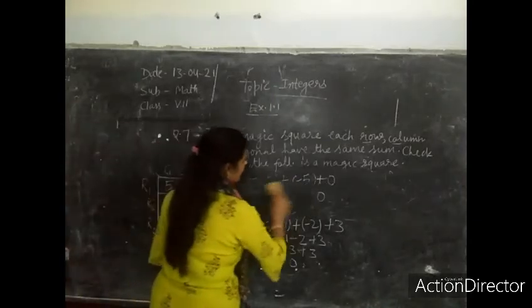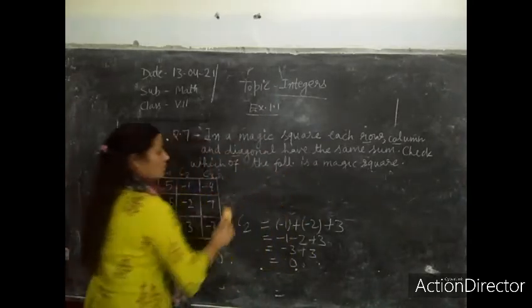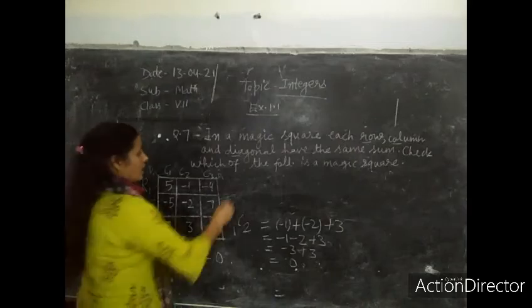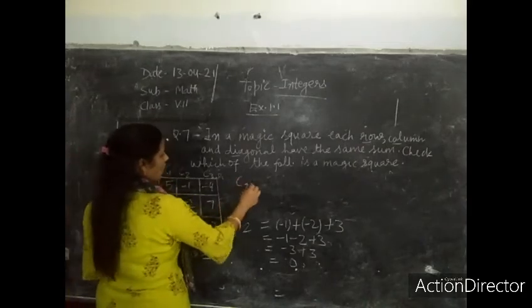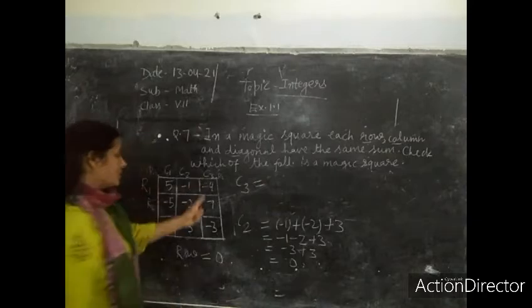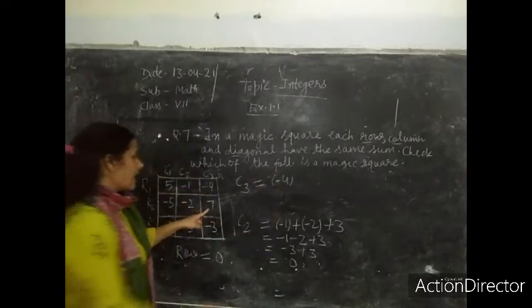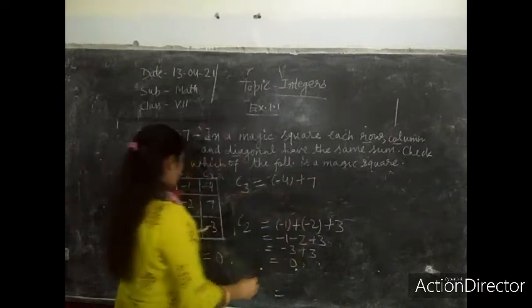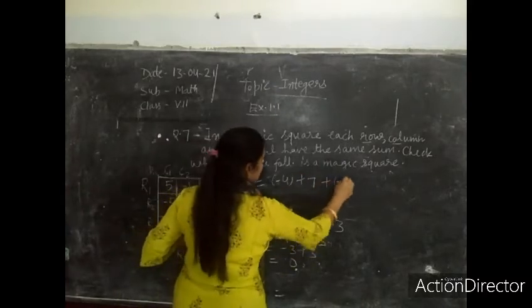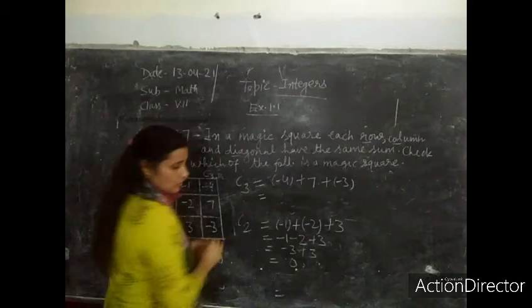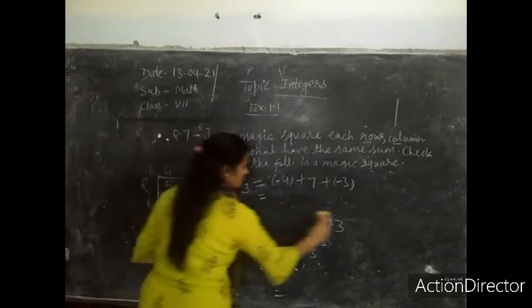Do the same process on C3. I am writing it; you can pause the video and note it down properly. I will denote column 3 by C3. Now C3 has minus 4, then plus 7, and minus 3. First open the bracket.